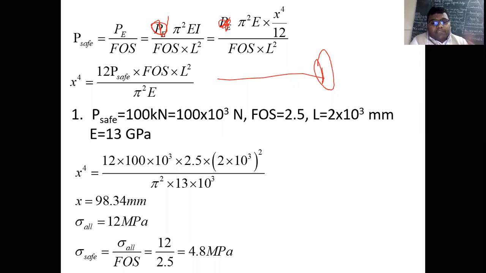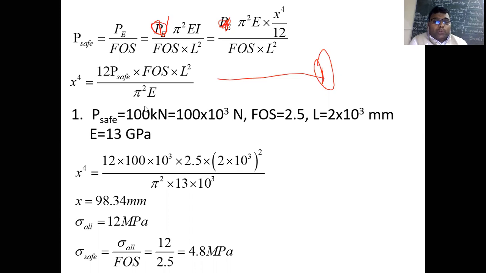Now in the first condition, what is the P_safe value? The P_safe value is given as 100 kilonewton, then your column must be safe, and the factor of safety is also given, that is 2.5, and the length of the column is given in the question, and the modulus is given. So do one thing, put all the respective values here. What is 12 into P?